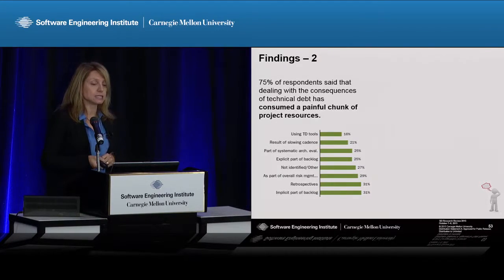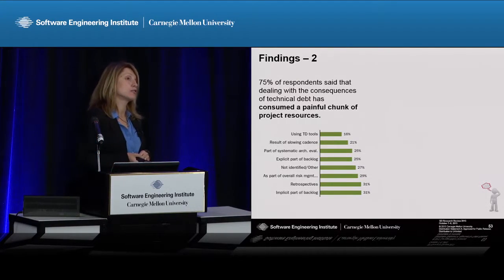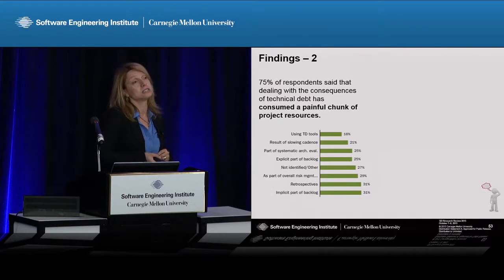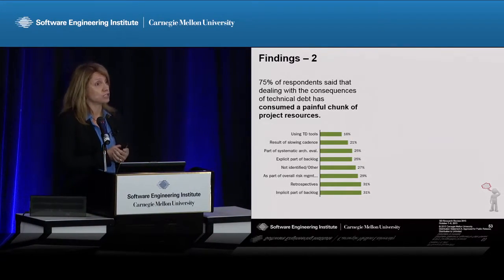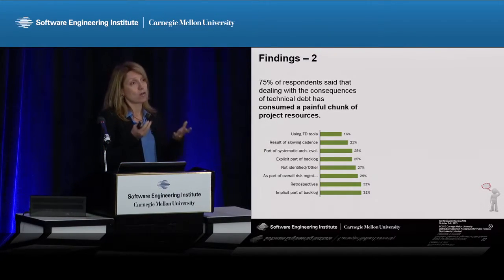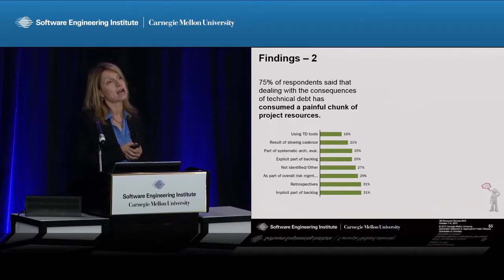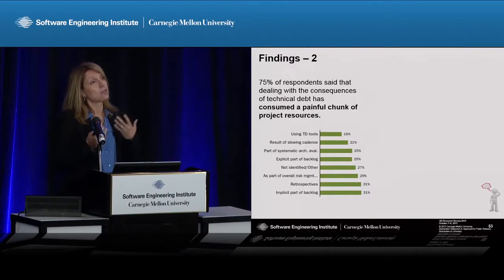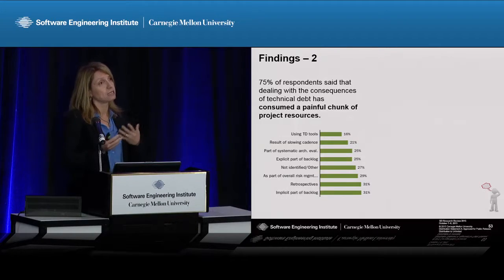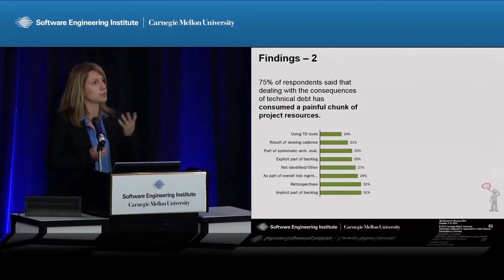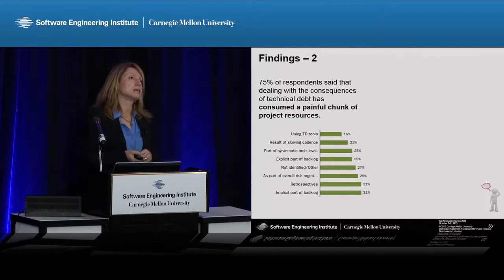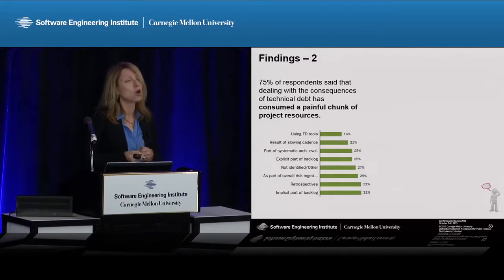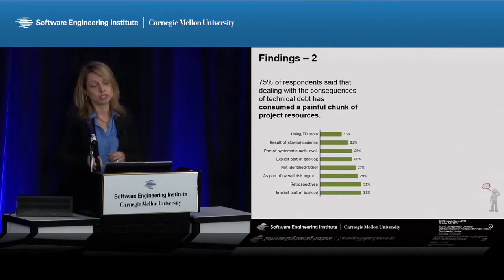And the second finding is that a huge chunk of the respondents said dealing with the consequences created a lot of painful resource use, and yet the management practices or technical practices they have are more anecdotal and qualitative, and not necessarily there to help them. The dominant practice they used was maybe putting it in the backlog, or through retrospectives or communication.